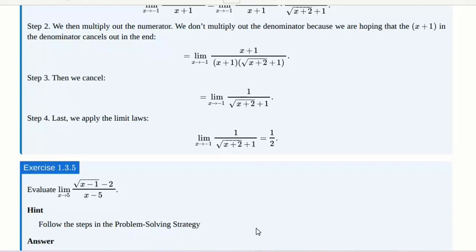Is that step fine? The problem there, I think, is your numerator. You made a mistake somewhere there because you should have x minus 5 in the numerator and exactly what you have in the denominator. So the problem is the numerator. Okay.